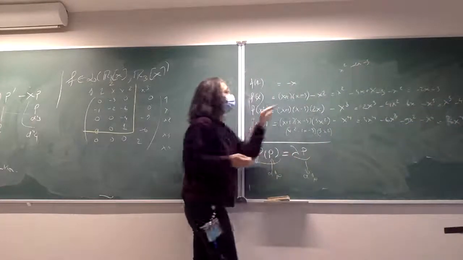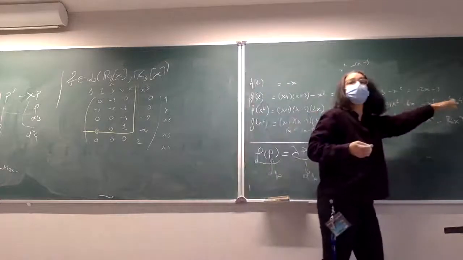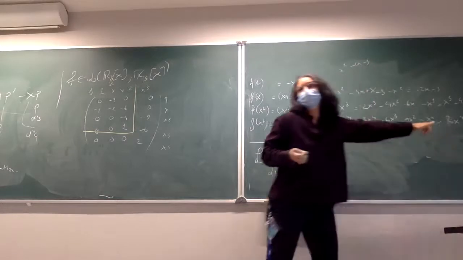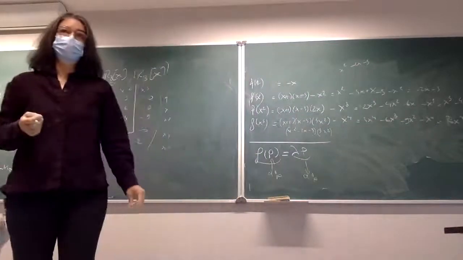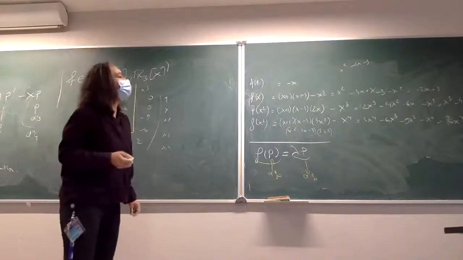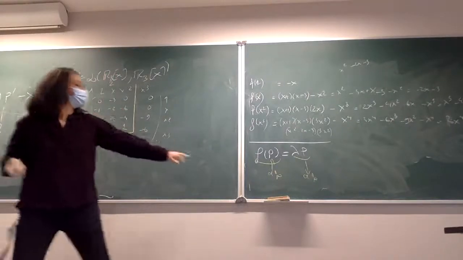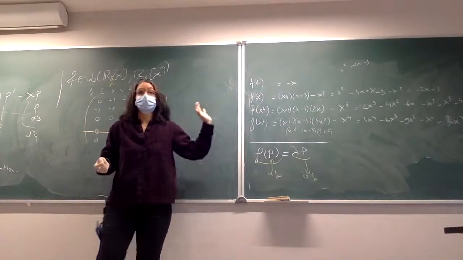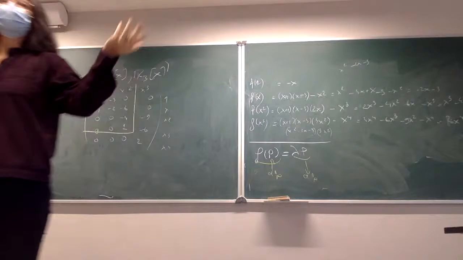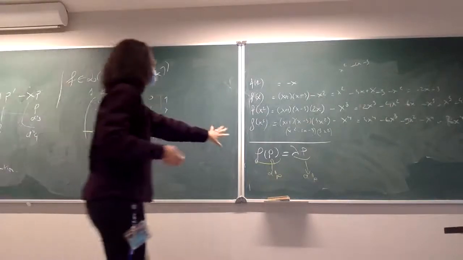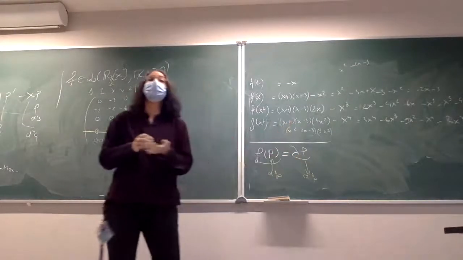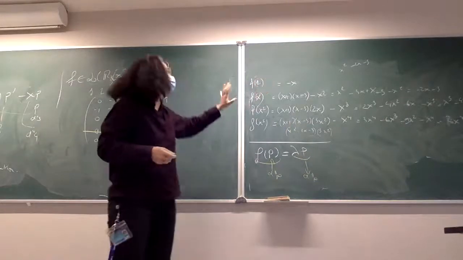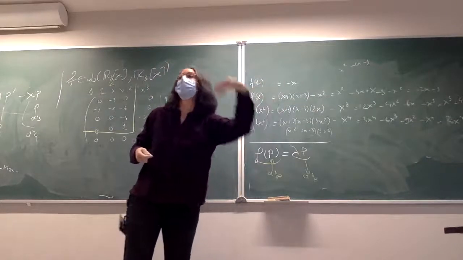And if I plug in some x3 in order to compensate for this one, I will get some x to the 4. Okay? So what is the only possibility if ever this works? It's when we've got degree 1. So the only possibility is that we've got a degree 1 polynomial. Because if I take only constant, that's not working. If I take something of higher degree, I'm going to get something of even higher degree.